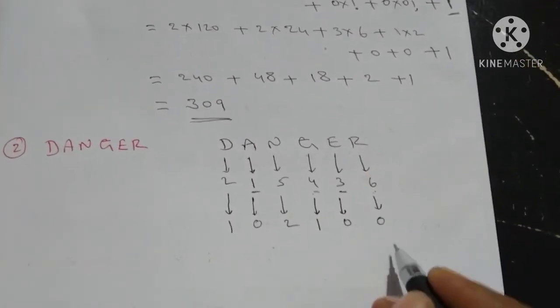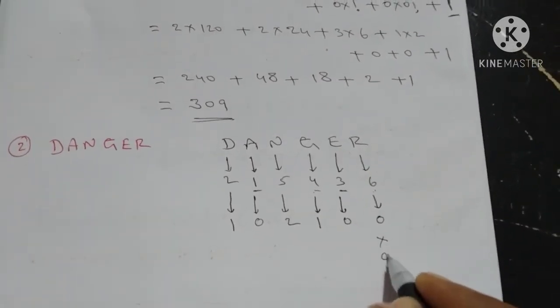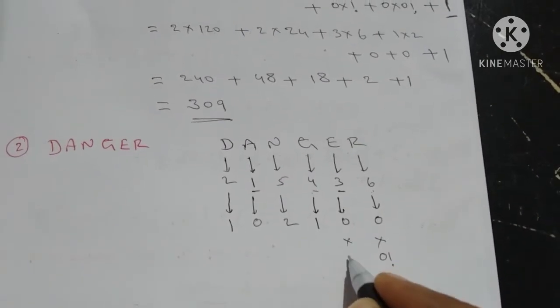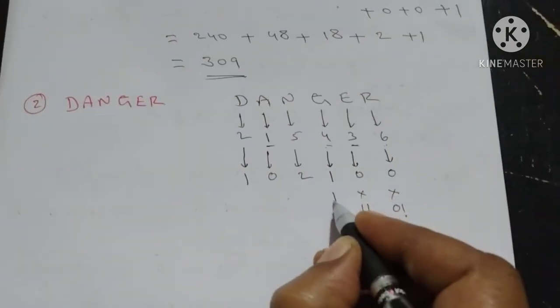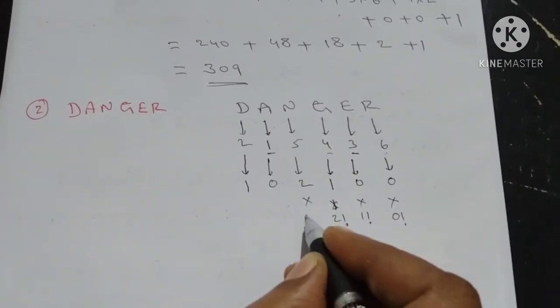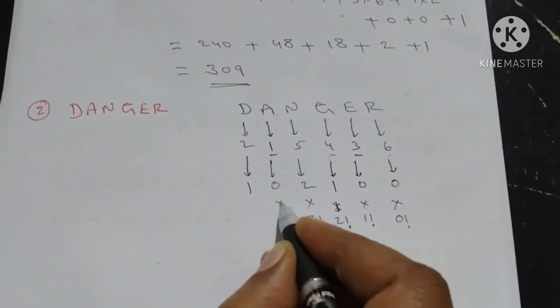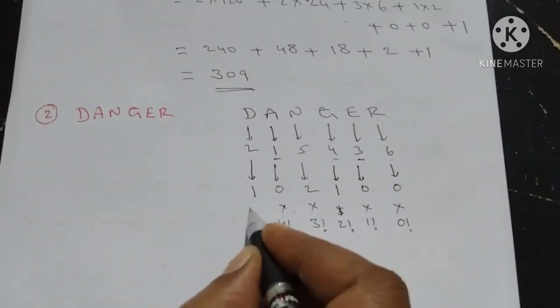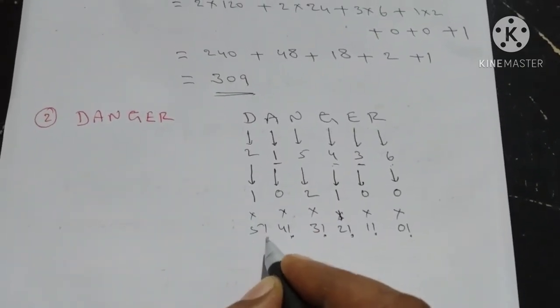Now we will give 0 factorial, 1 factorial, 2 factorial, 3 factorial, 4 factorial, 5 factorial. Okay?